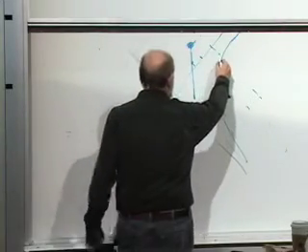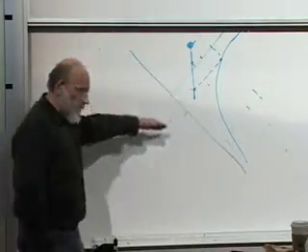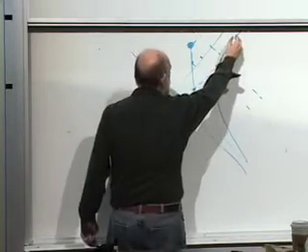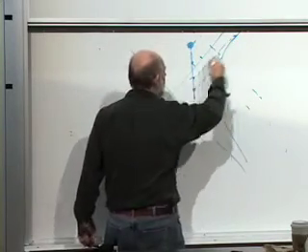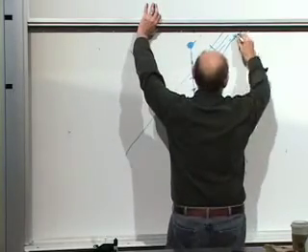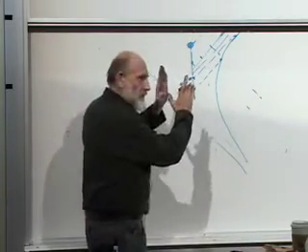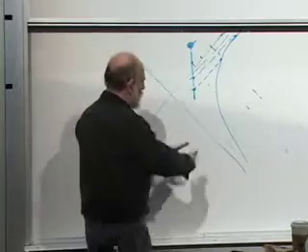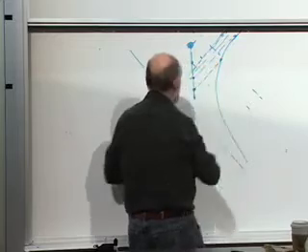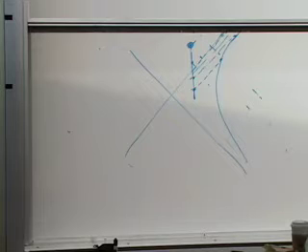Collecting light signals from the rock means looking back along a backward light-like direction: he looks back and sees the rock over here. Goes a little further, sees the rock over here. Goes a little further, sees the rock over here. But keeping in mind that this hyperbola asymptotes to the light cone, as time goes to the very remote future for the accelerated observer, all he sees is the rock get closer and closer to the horizon, never passing it. Yeah?